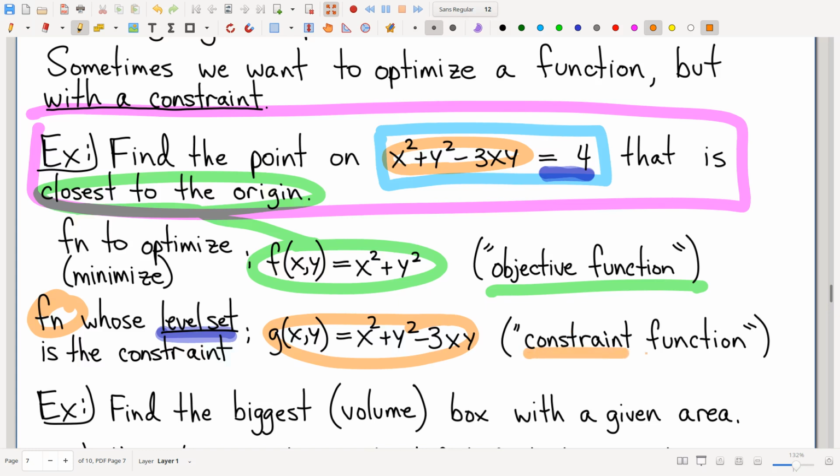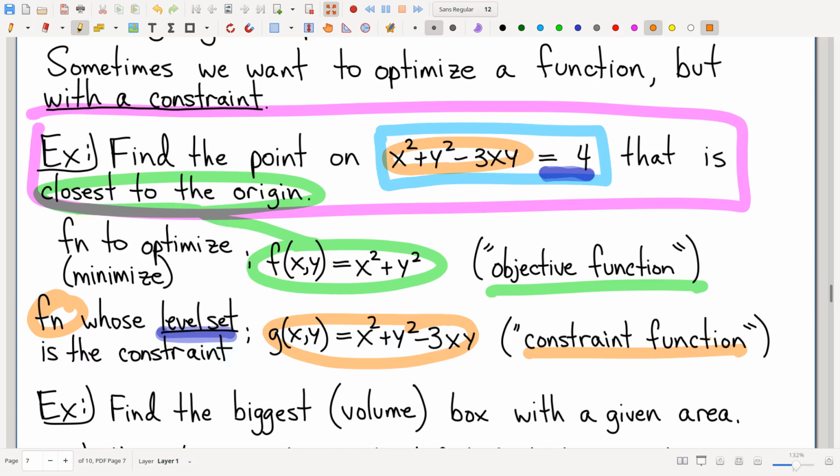We call that the constraint function. And if you view your constraint as being a level set of a particular function called the constraint function, then this Lagrange multipliers method is going to turn out to be extremely convenient, very powerful, very easy to use, and much better than the alternative we saw.